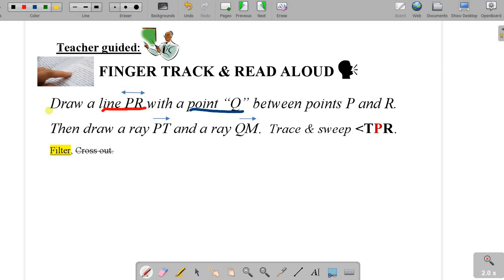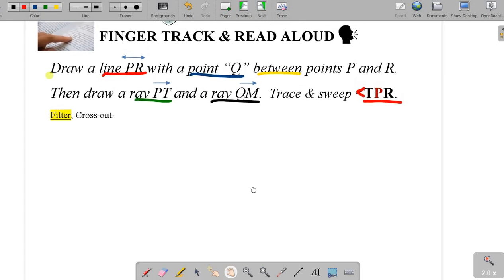And it's between points P and R. Then we're going to draw a ray PT. And we're going to draw another ray QM. And we're going to trace and sweep angle TPR. That's called filtering.